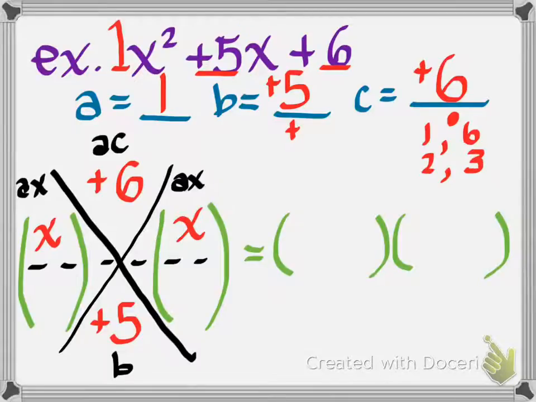But now I've got to play with my signs. If I'm going to multiply to a positive number, that means my signs have to be the same. If I do 6 and 1, one of those has to be a minus for it to be a 5. So that doesn't work. Let's cross that out.